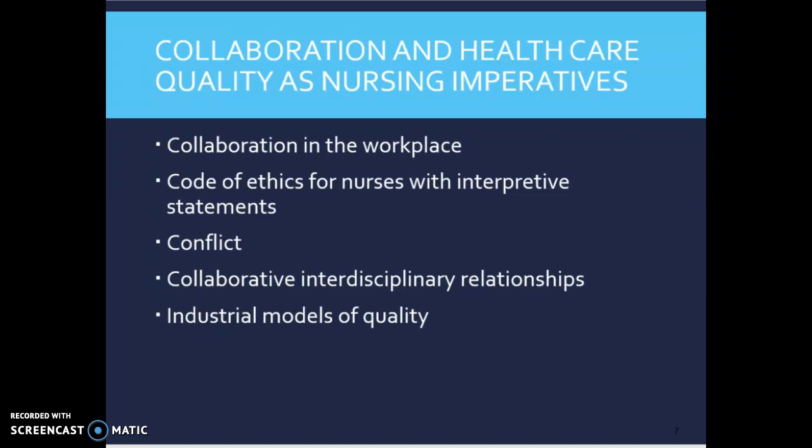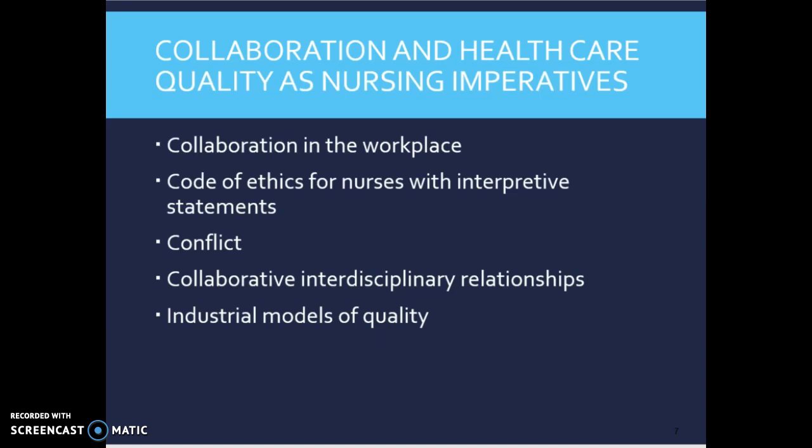Collaboration is very key. We've talked about that when we talked a little bit about conflict management. But healthcare quality has to have models that are set up that involve the correct interdisciplinary teams and that there are good working relationships within those teams.